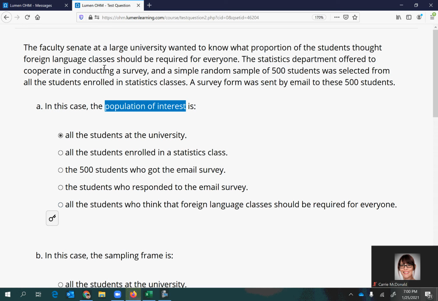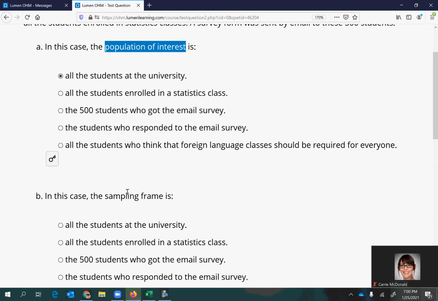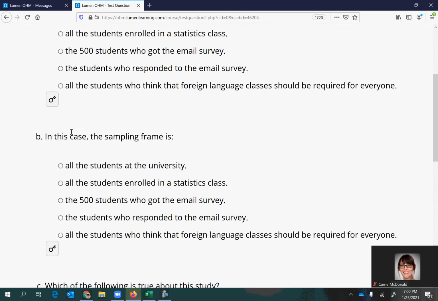Now, rather than going and trying to take a census of everybody's opinion in the entire university, they're going to do a sample. And it says in this case, the sampling frame was, all right, so in other words, where were they selecting the members that would be in their sample? How were they doing it? Were they sampling from all the students in the college, or did they use some other method?